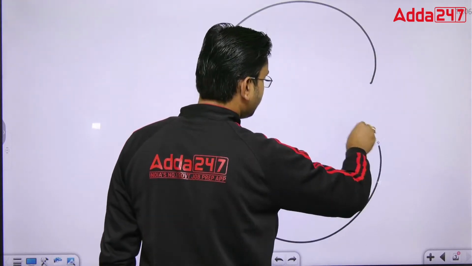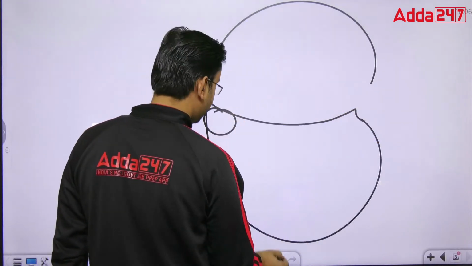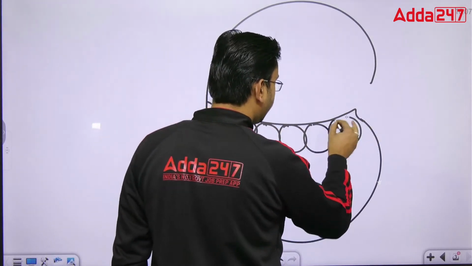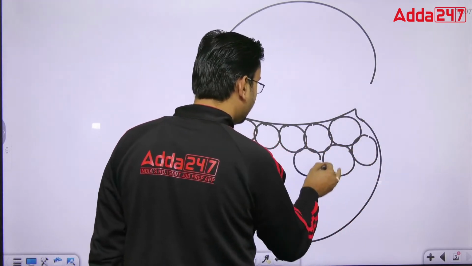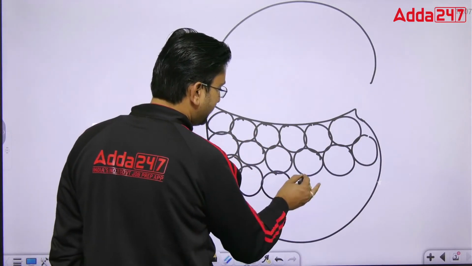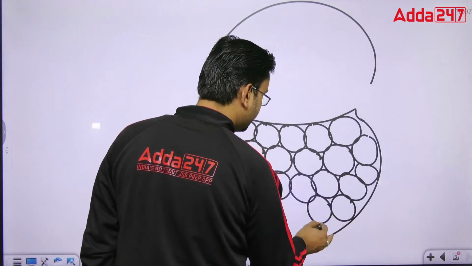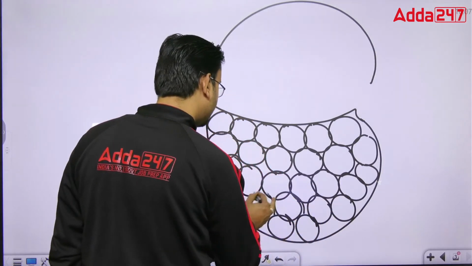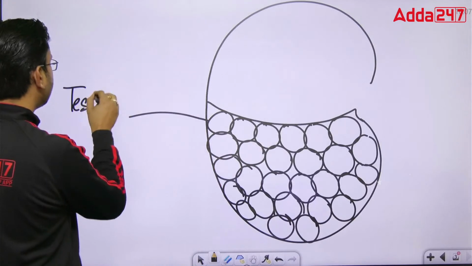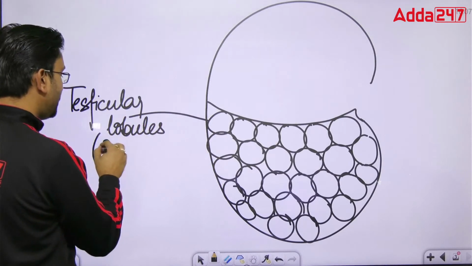So this is a testis, and each testis contains 200 to 250 compartments or chambers, also known as testicular lobules. So these are testicular lobules, and they are 200 to 250.